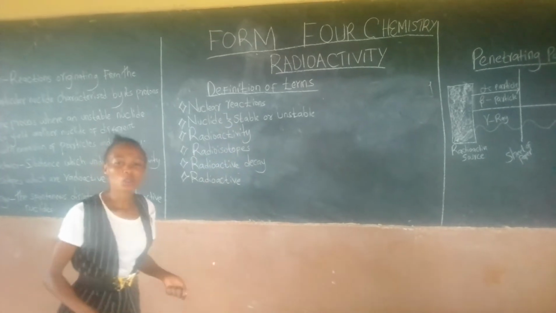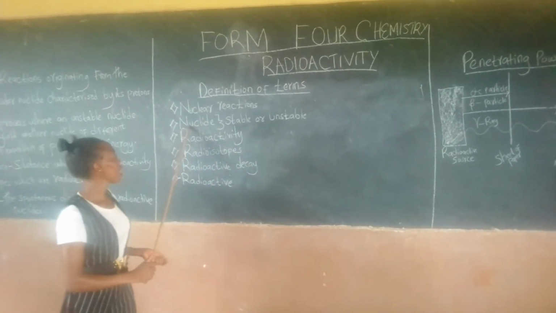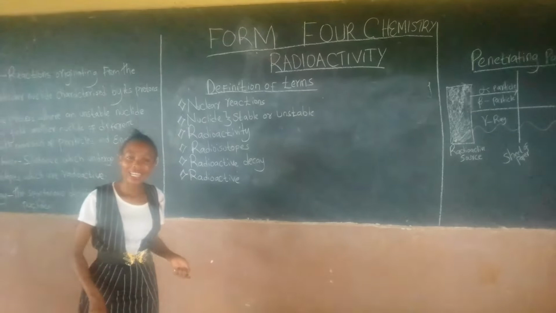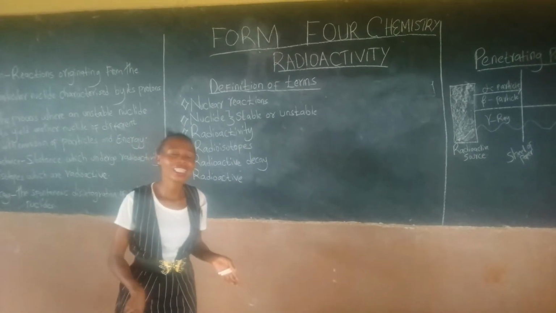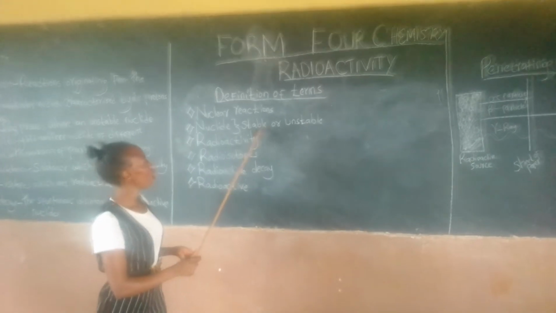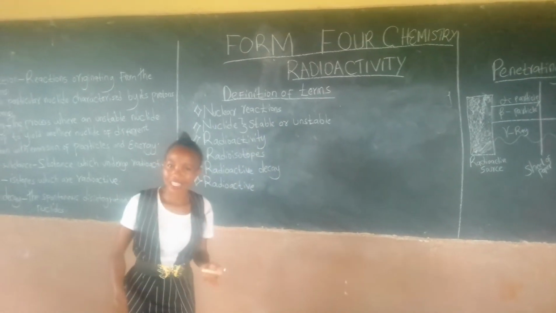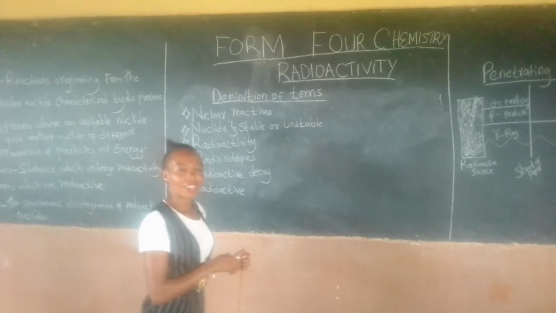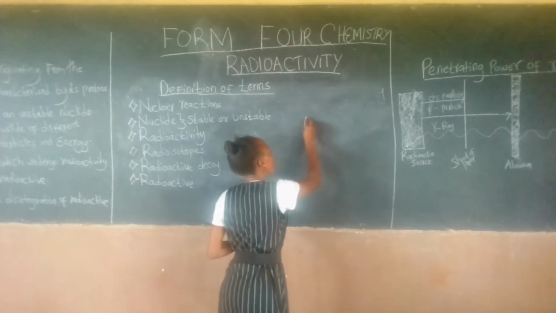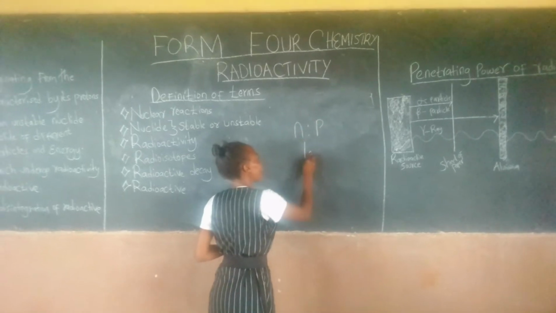We are also going to define another term, which is a nuclide. In the course of the topic, we are going to see that there are stable and unstable nuclides. For the stable nuclides, we are going to find that they have a ratio of neutron to proton of 1:1.